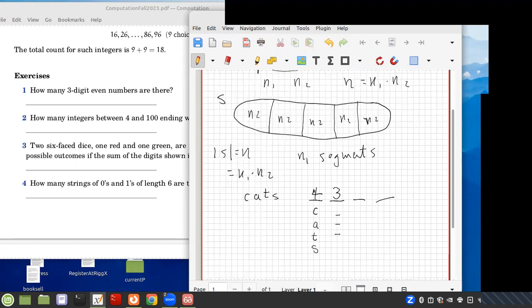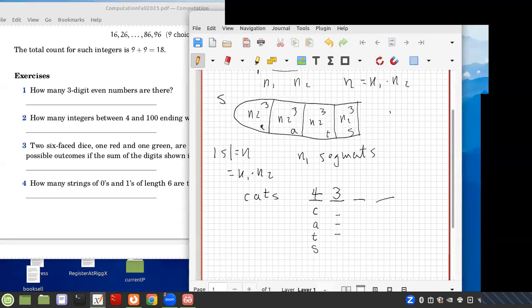So this is like up here, I'd have 1, 2, 3, 4 segments in S. And this would be the sequences where I choose C as the first letter, then A, then T, then S. And then in each one of these, I would have 3 choices.